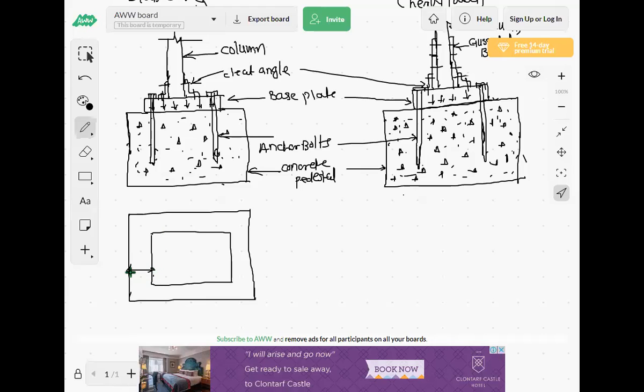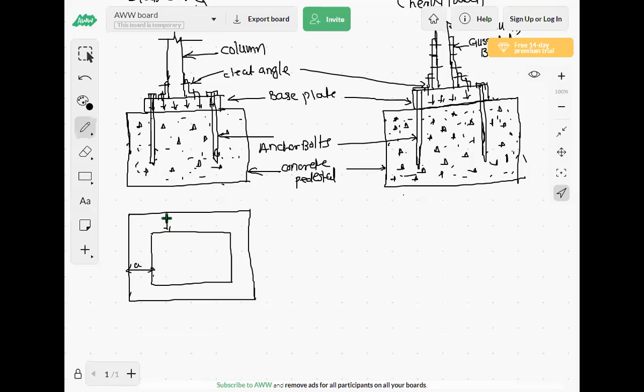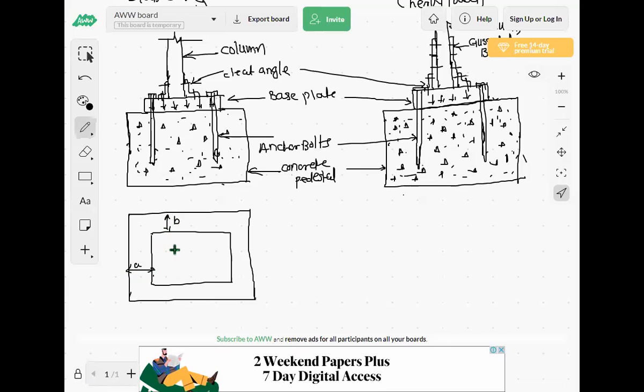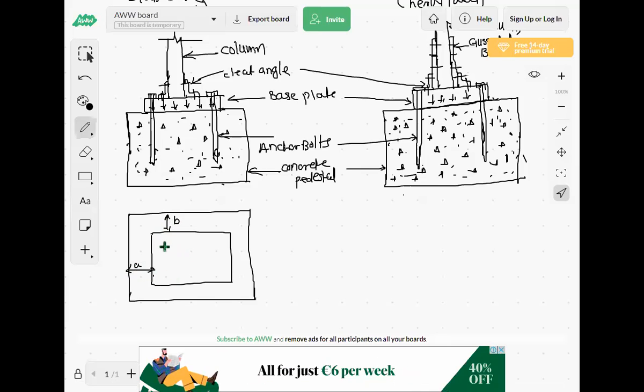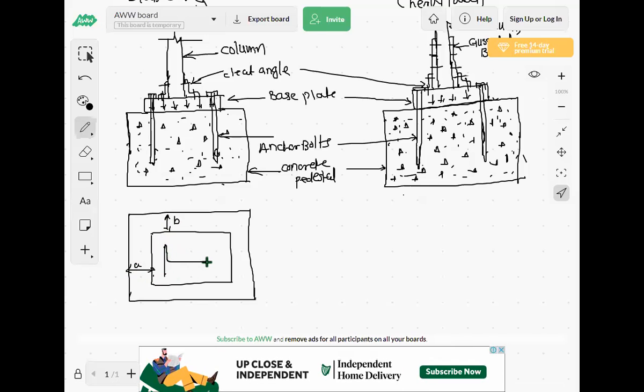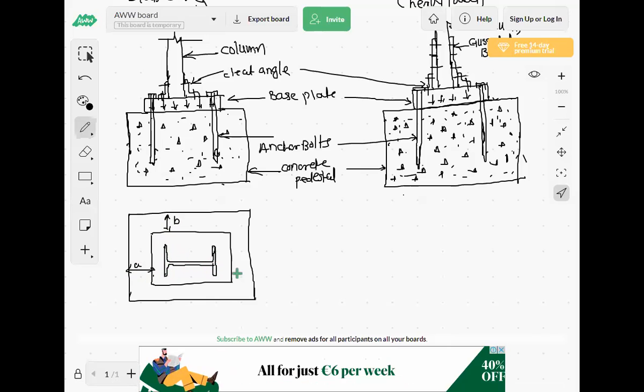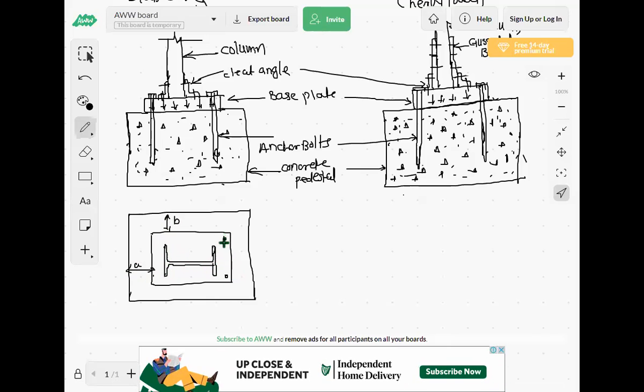This distance we are calling A, and this distance we are calling small b. And here we are providing this column. At each corner there are anchor bolts. This is the plan, and this is the elevation.